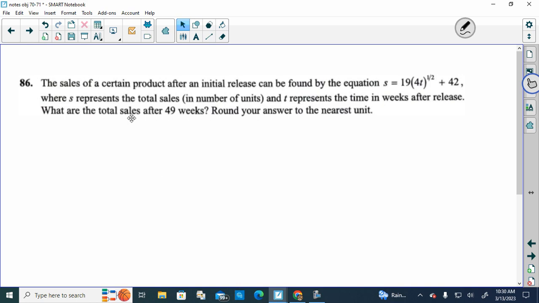What are the total cells for 49 weeks? T, because the weeks is 49 instead of cells. We're trying to figure out the cells, so we're trying to solve for s. So 49 is going to go into the t spot. Now we're going to leave it broken apart. I don't want you to go 4 times 49, just because it's easier to work with smaller numbers. So we have s equals 19, and I'm going to write this like this.